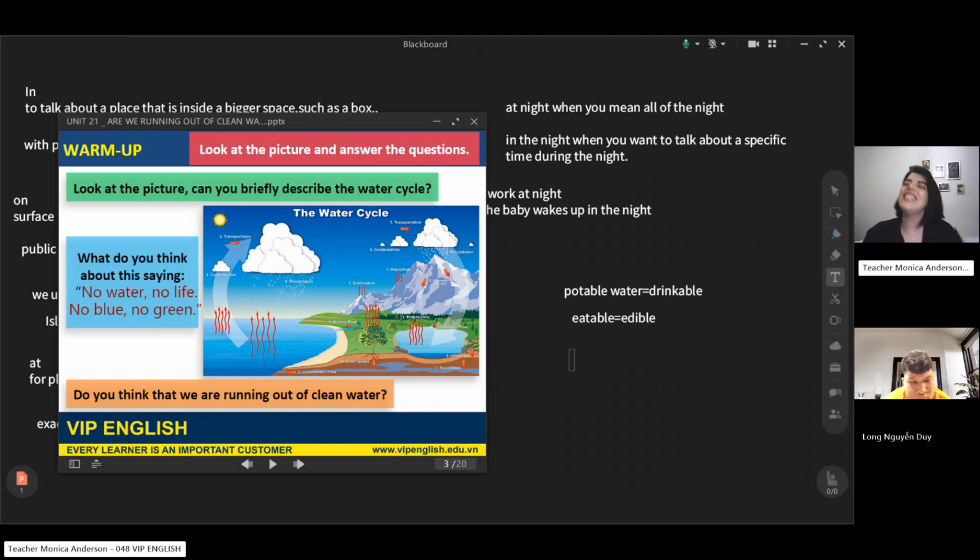And tell me, something that is touchable is... Touchable is something that you can touch, of course, but we don't say touchable, we say tangible. So tangible, edible, they're a bit different. But when you want to say water is able to be drunk, we don't say it's drinkable. We say potable.